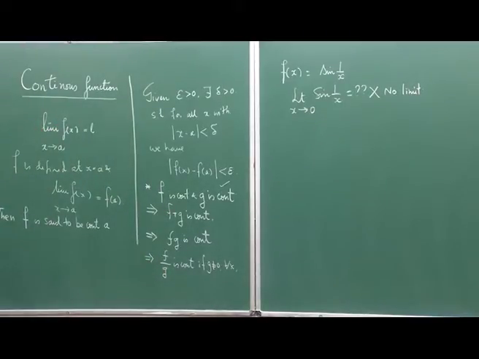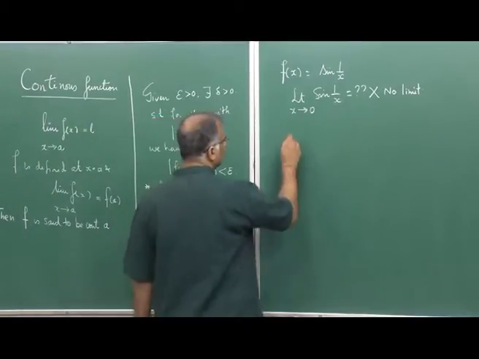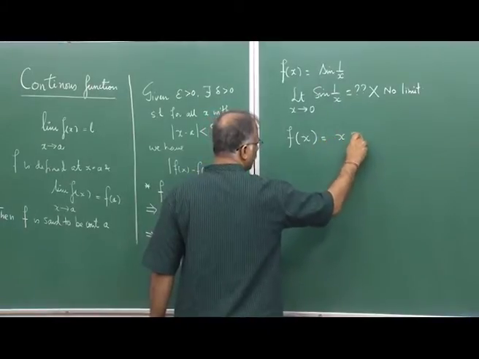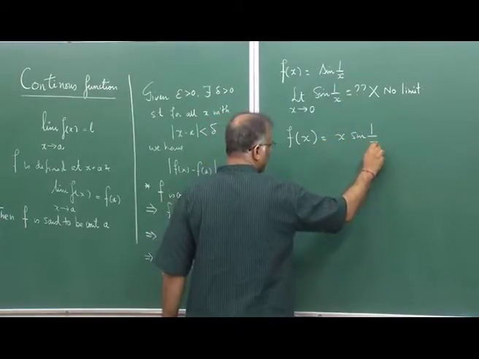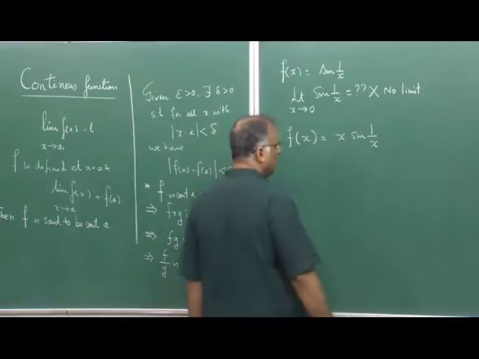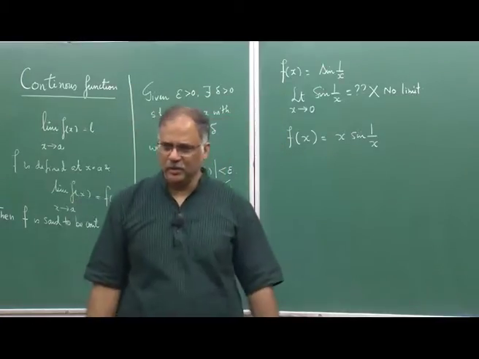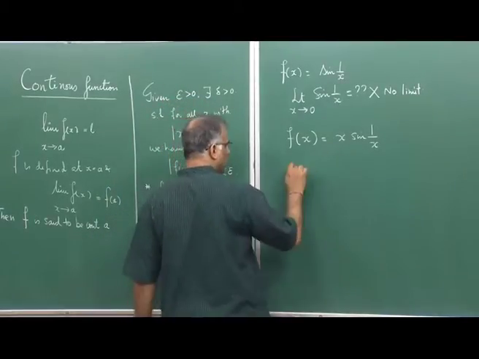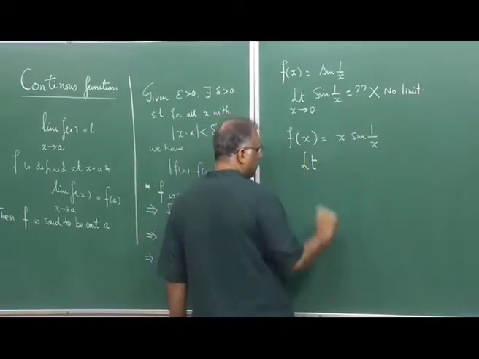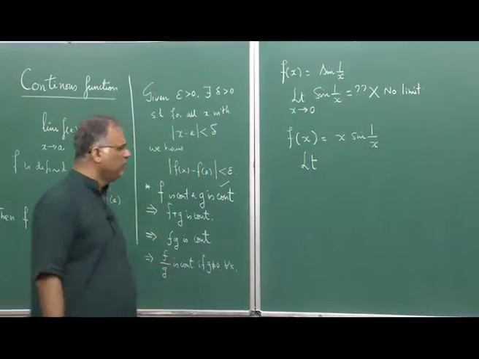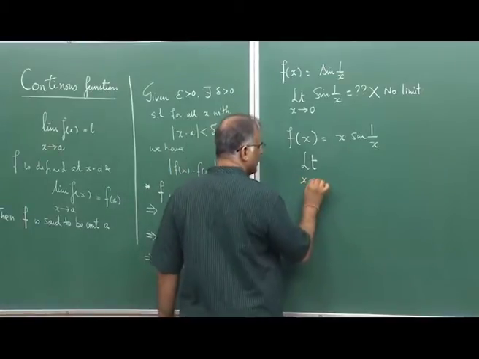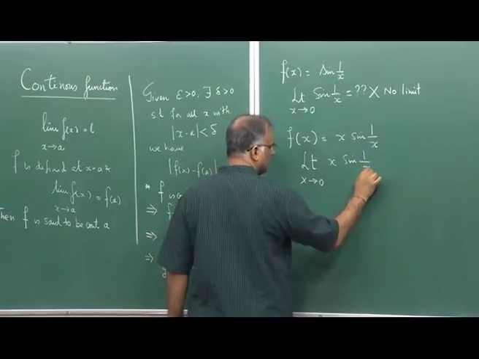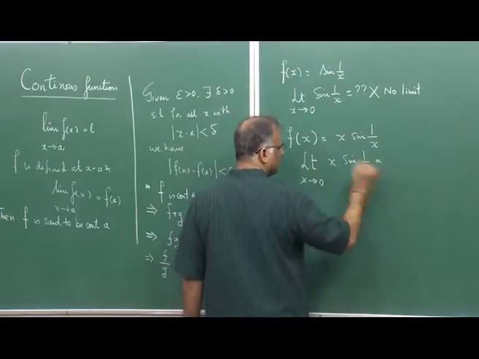Now, if I take a function which you have already looked into in the previous classes, f(x) = x sin(1/x). You know that x equal to 0 is not in the domain, but what we had shown using the epsilon delta technique in the last class was that the limit as x tends to 0 of x sin(1/x) is actually 0.